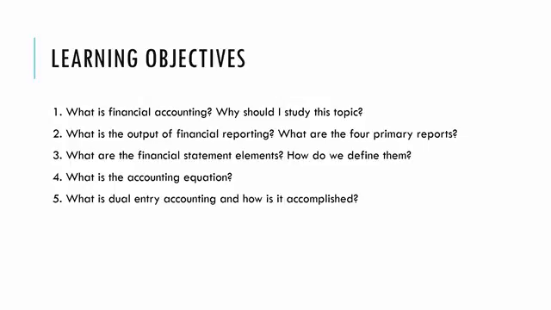The third learning objective is what are the financial statements elements, and how do we define these elements? It isn't just being able to come up with a definition for what the elements are. We also need to be able to classify things and to put things into their proper categories as elements.